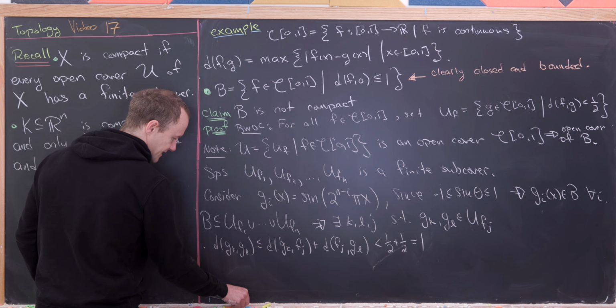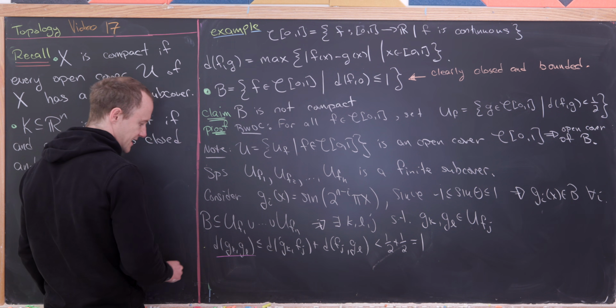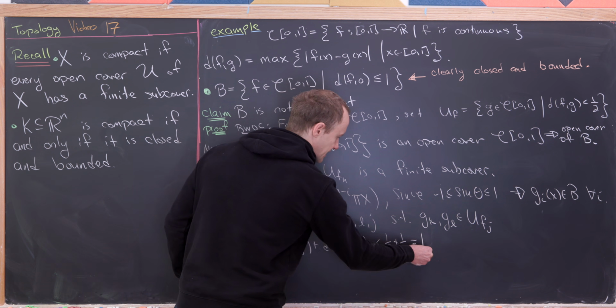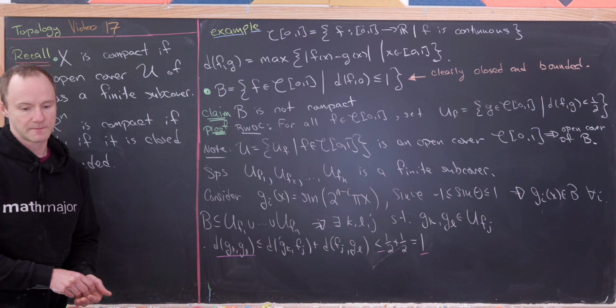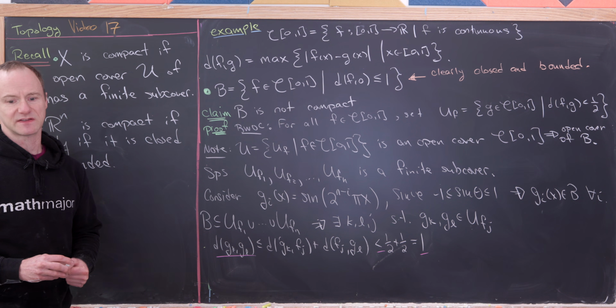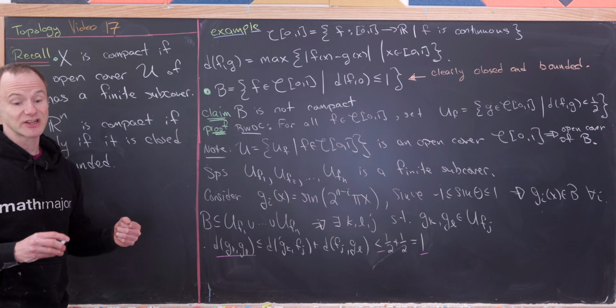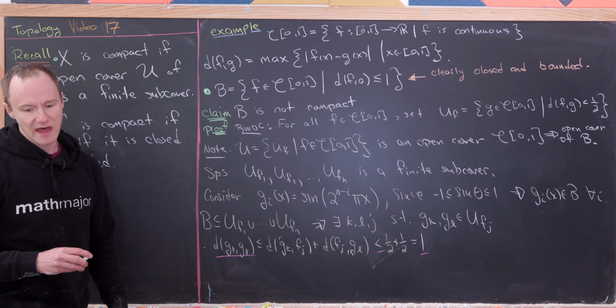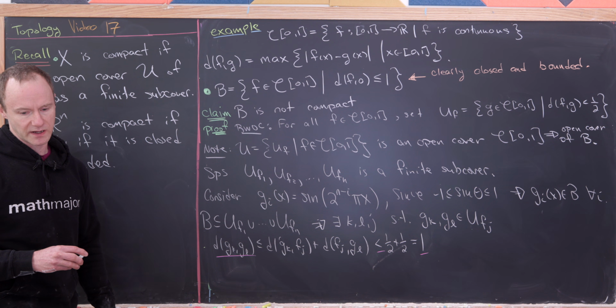So let's look at this here. We've got the distance between g_k and g_l is strictly less than 1. And now we're about to see that that is, well, actually unattainable, or that is impossible. And we can do that with the following.